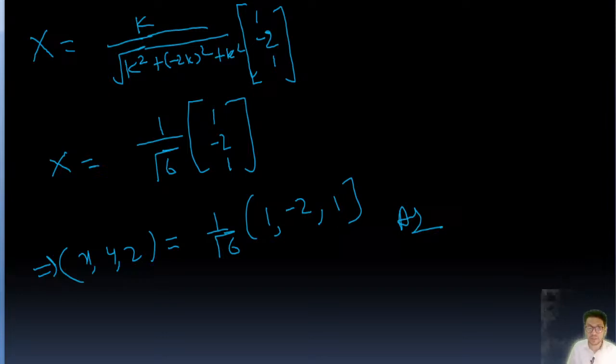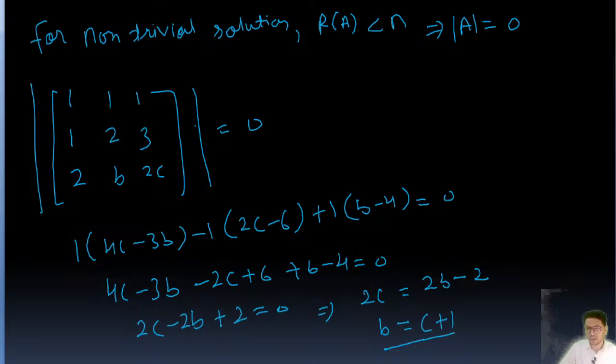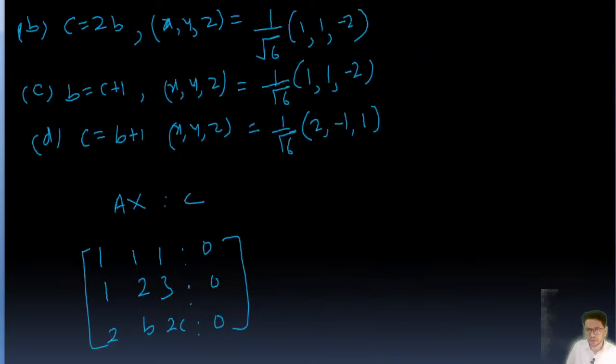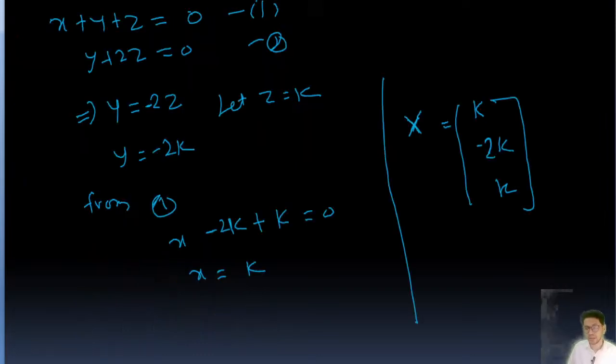For C, the options are 1 minus 2, 1. So option C is the correct one.